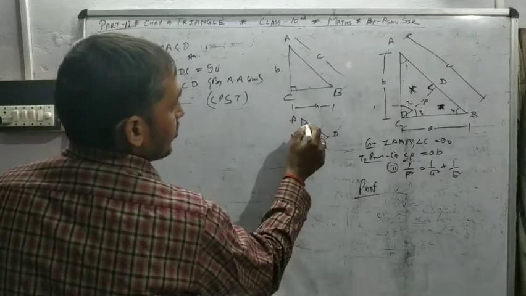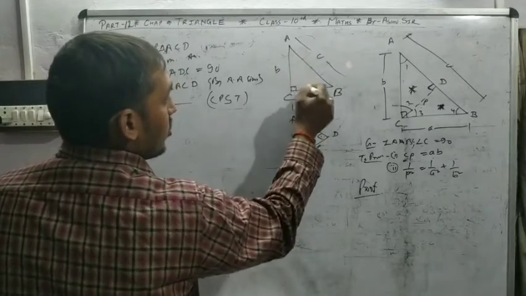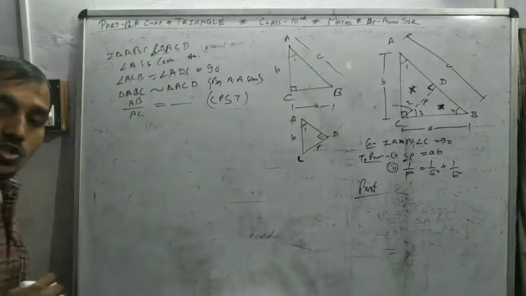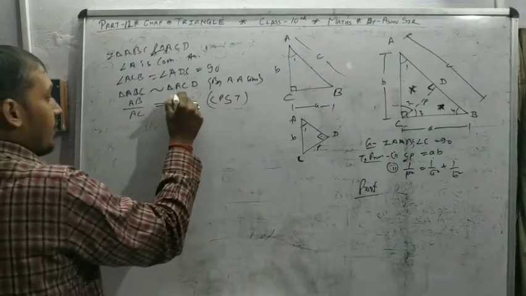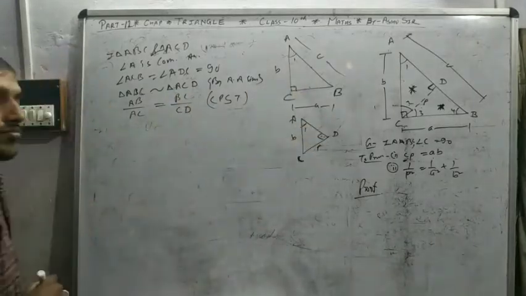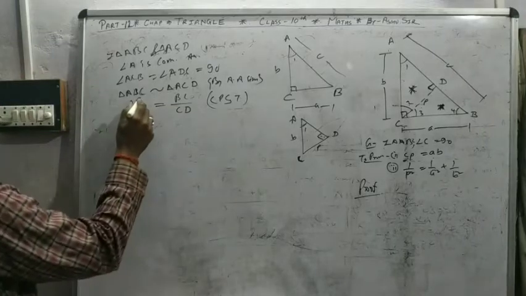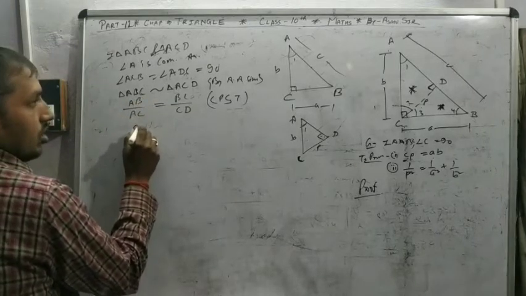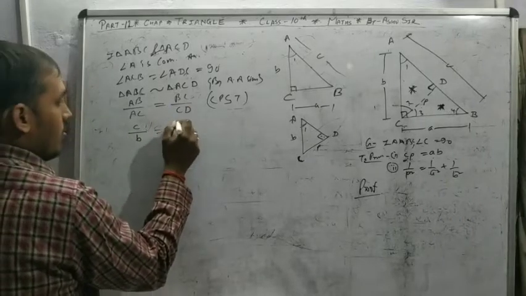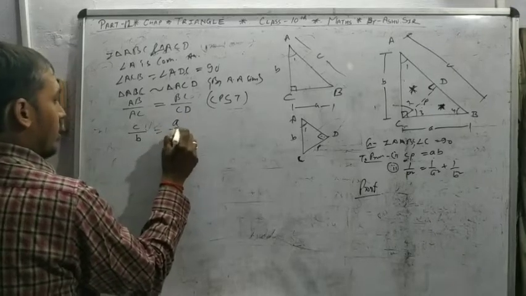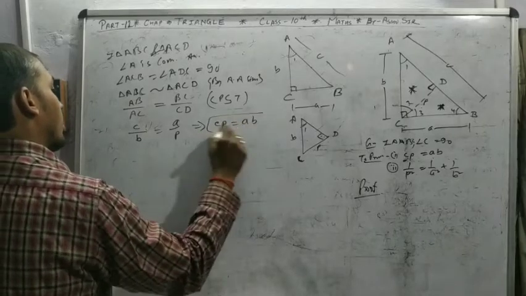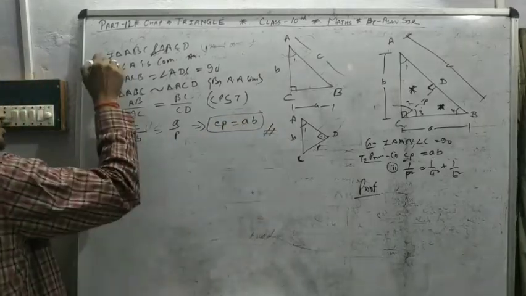This is opposite of this one, and this one is equal to this one, because one is common. So we take BC from the first, opposite. So here CD from the second. Then put the values. AB is, AC is, BC is, and CD is P. Cross multiply. CP is equal to AB. First part proved.